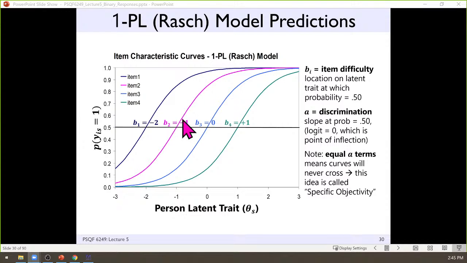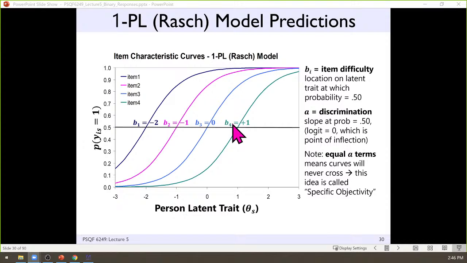The pink line has a difficulty of -1, so that's the amount of trait needed to cross the 50-50 mark. The blue line has a difficulty of 0, and the green line has a difficulty of 1. So these items differ in one parameter, their shift point on the x-axis, their difficulty, the location. But the curves all have parallel slopes. That's the Rasch model.